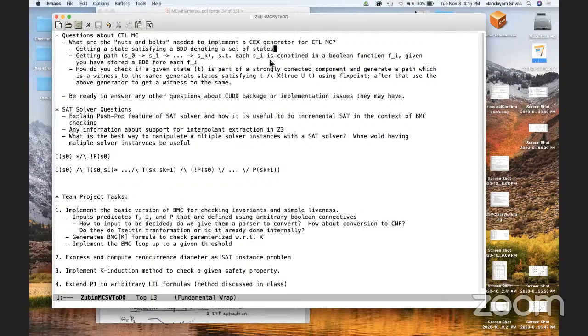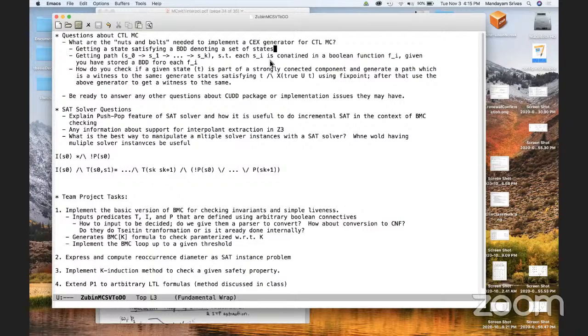I'm assuming that is how you're checking whether the property is verified or not. So for AG, I'm doing EF of not P.